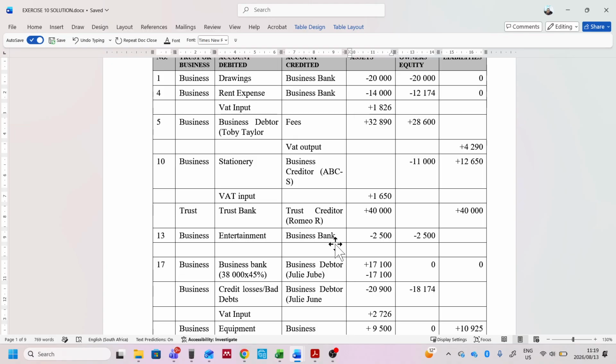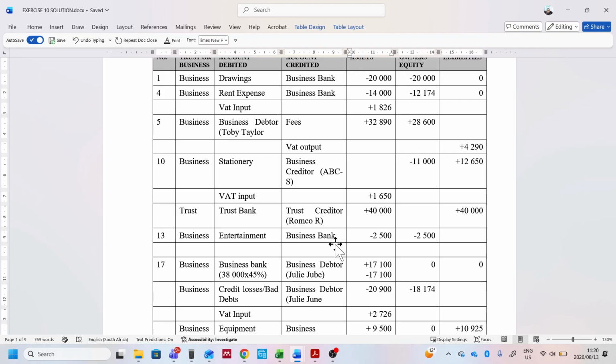Which columns is the business cash receipts journal going to have? Business bank, which is being debited every time you receive money. Business client or business debtor, which is being credited when a customer settles that account. So now we have these two columns.